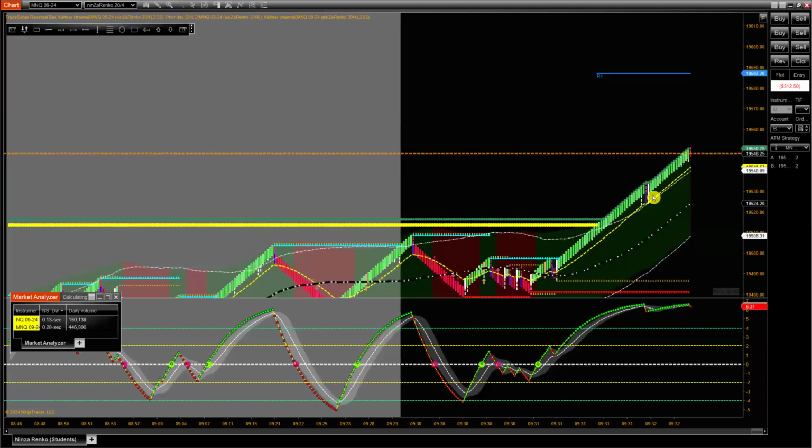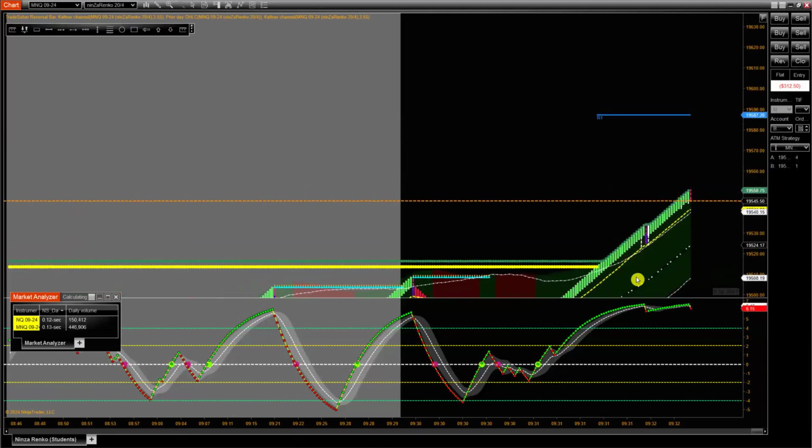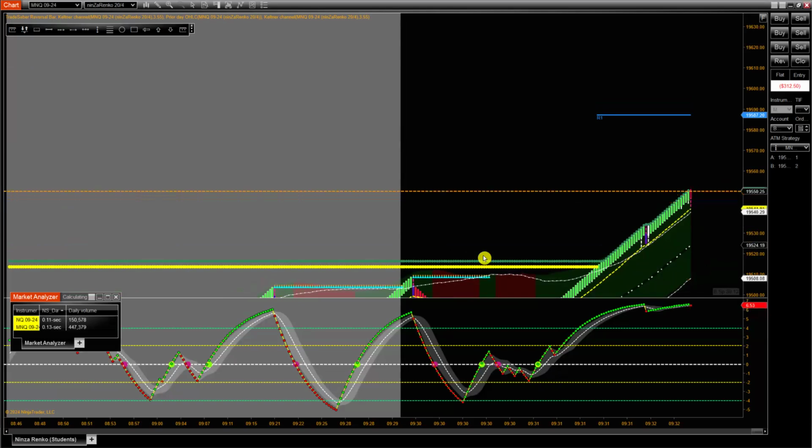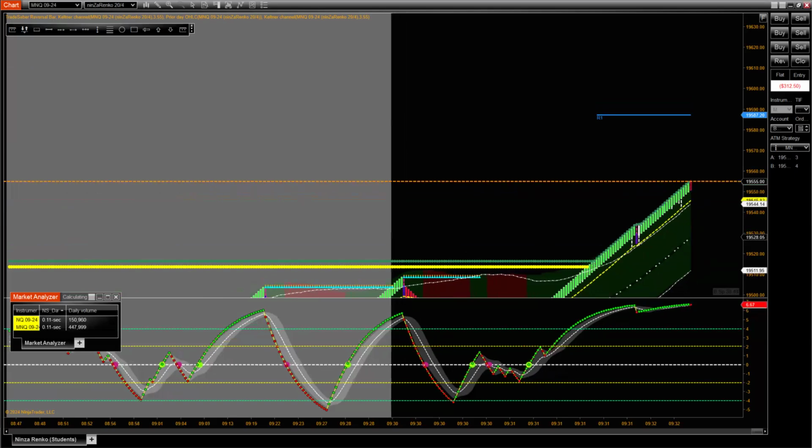There was a good entry right here. If you were basing it again, I don't try to get into this because it's just too wild right now. Again, it looks like they're going to get up there.